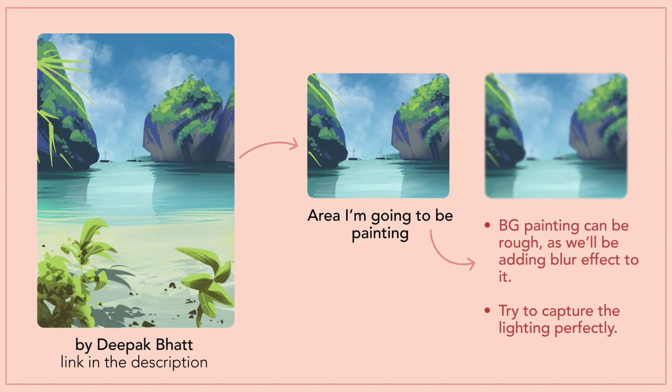Now for the background, you guys, this is the artwork that I selected. You can either recreate the whole landscape if you want to, but what I usually do is find a specific square area, depending on the dimensions of my artboard. I select that specific area and crop it out, the area that I want behind my main subject.